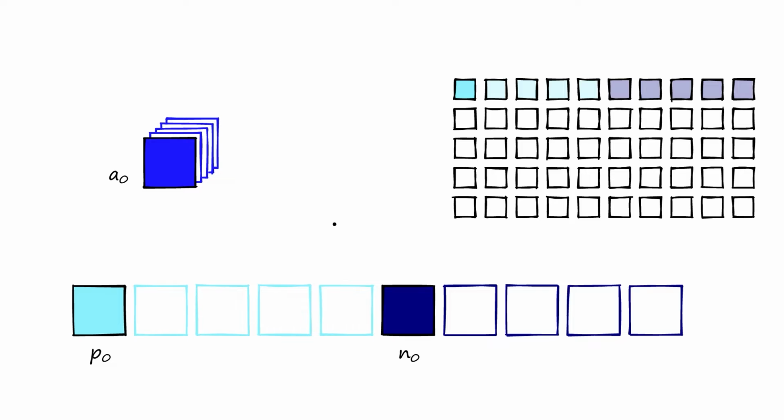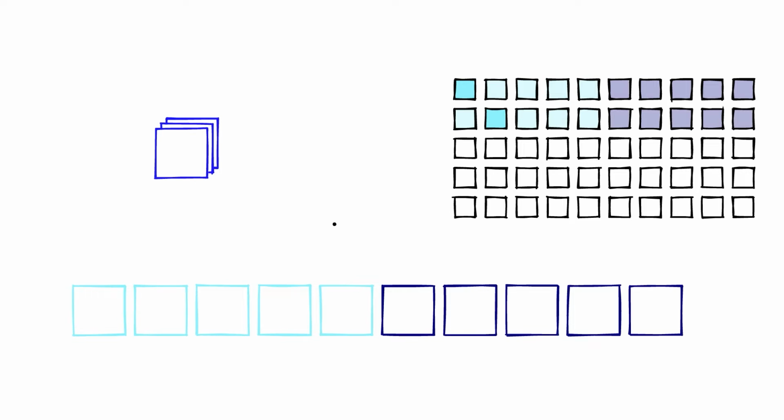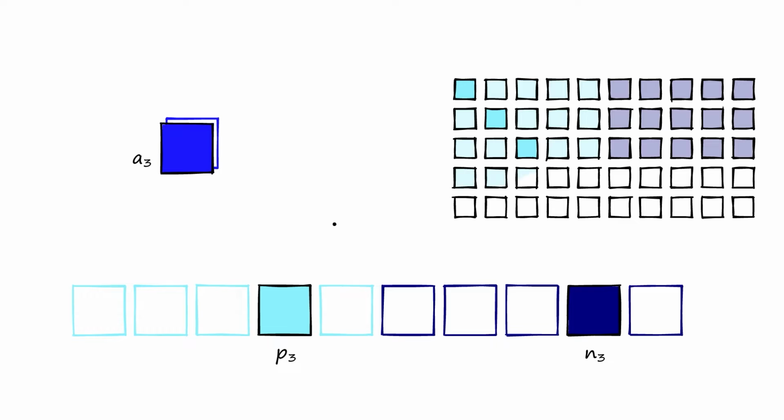What we would expect with our anchor and positive pair is that the cosine similarity between A0 and P0 is greater than that between A0 and P1, P2, P3 or P4. Likewise, for A3, we would expect the cosine similarity between A3 and P3 to be greater than that between A3 and P0, P1, P2 or P4.